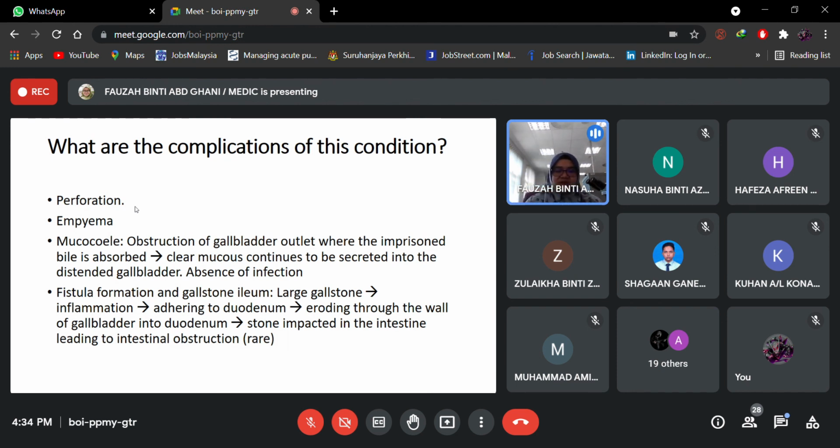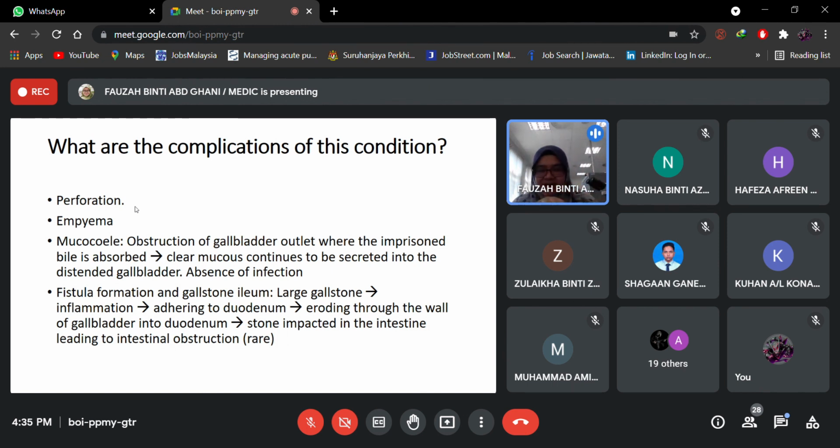Okay, so this one I think most of the groups mentioned as a complication of the gallbladder, which is the fistula formation. So when there is a degree of inflammation, the two organs nearby can adhere to one another.